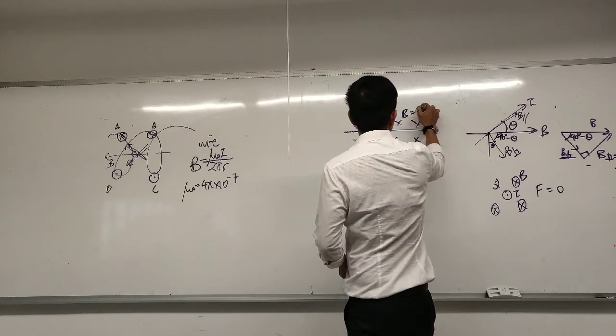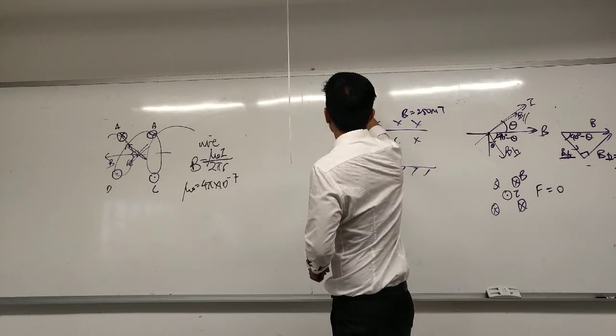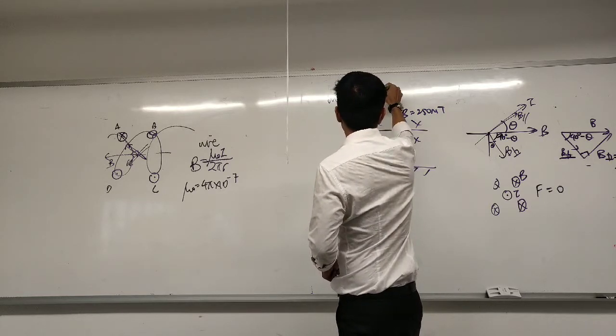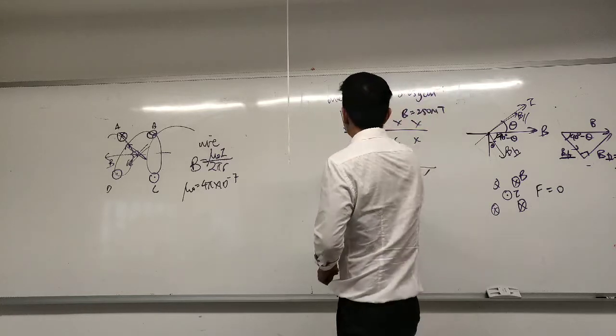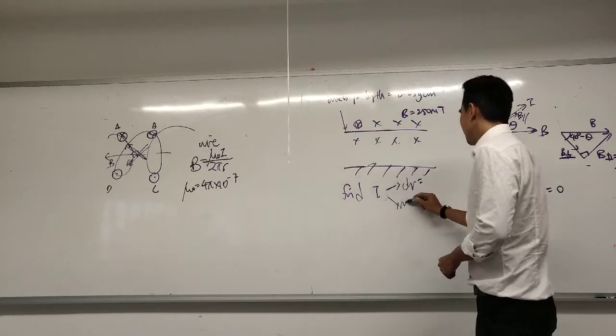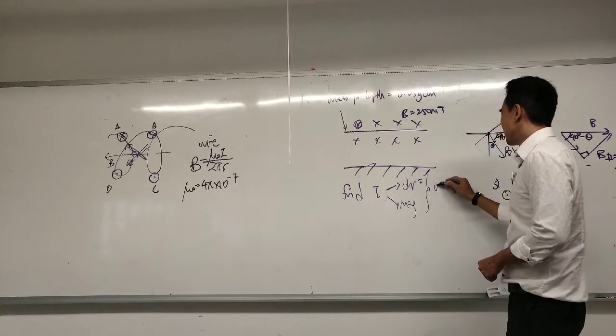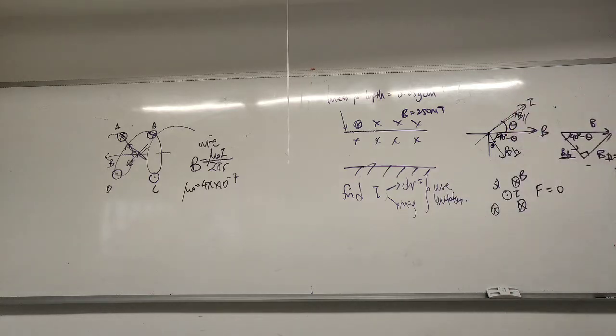The field strength is 215 millitesla. The mass per length is 0.05 grams per cm. Find the direction of the current and the magnitude of the current so that the wire levitates. The wire floats.